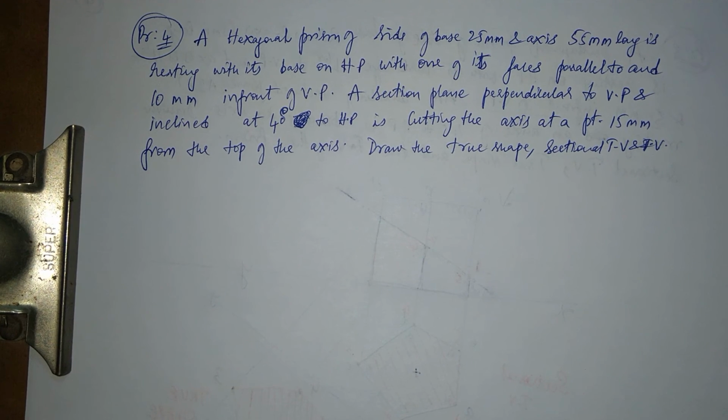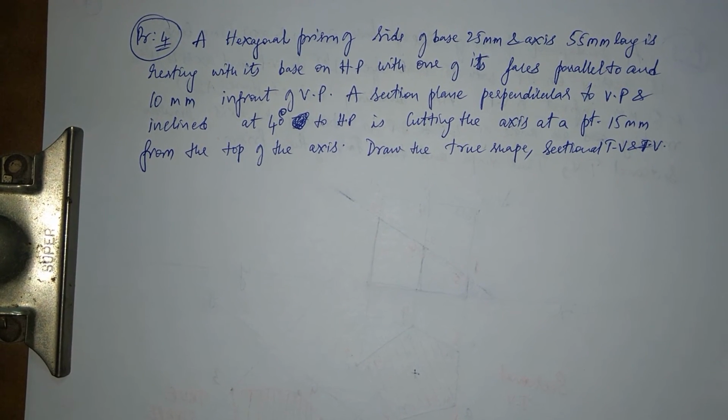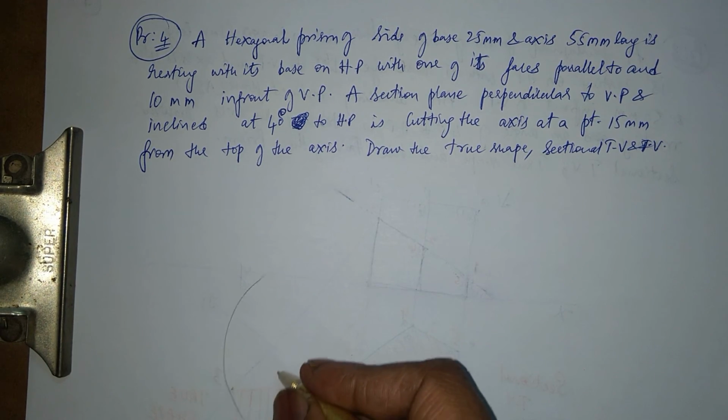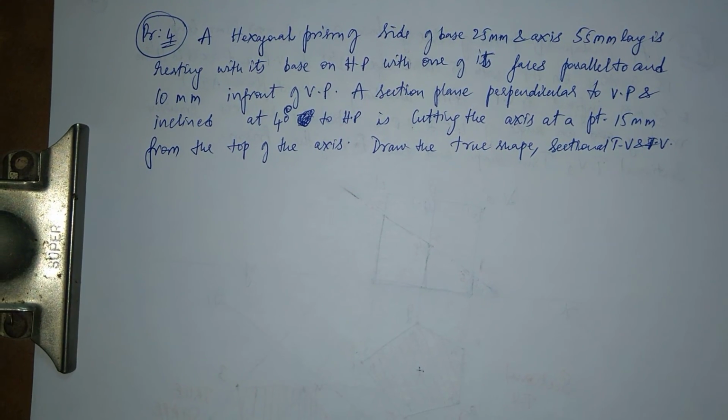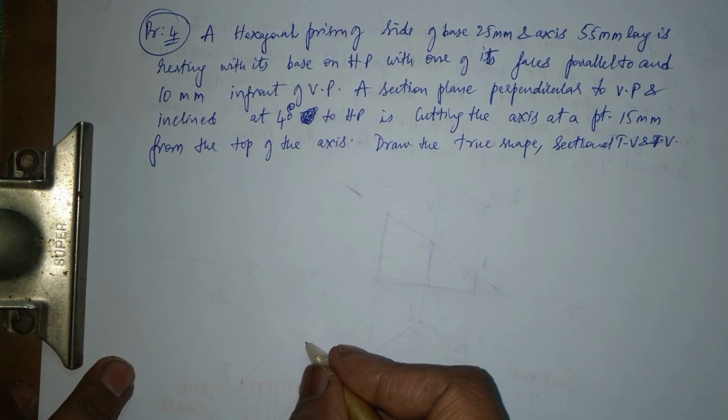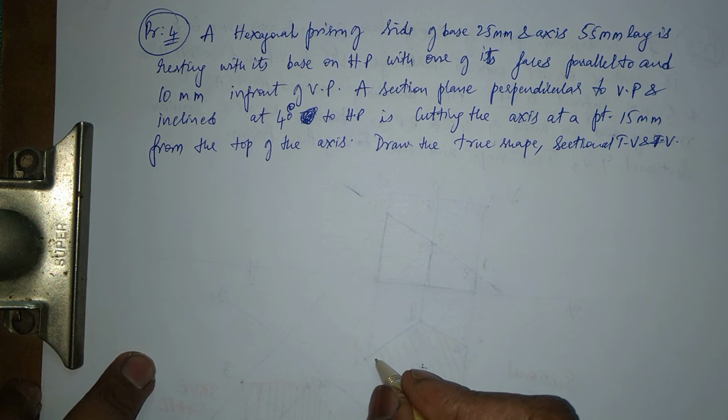Now, where do we have the true shape here? Where do we get the base shape? First of all, we need to draw the base shape. So base shape, where do I draw? Just draw here. This is my base shape.